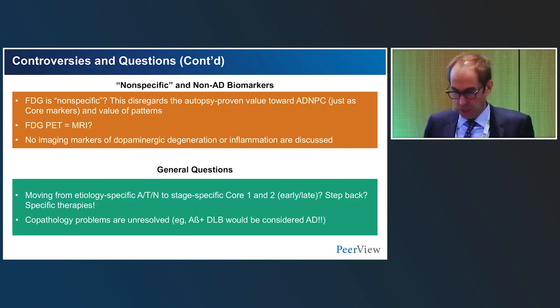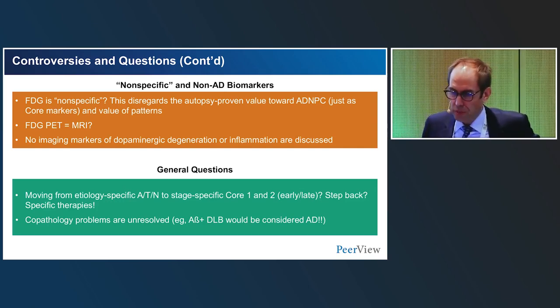Minoshima may also be talking about this, that FDG PET has a proven autopsy-based value towards the so-called AD-NPC pathology. Also, FDG PET has a value of the patterns, not only of a category plus or minus. I think this is a little bit disregarded in this biomarker classification, that there's more information in an image than just a plus or minus or a level.